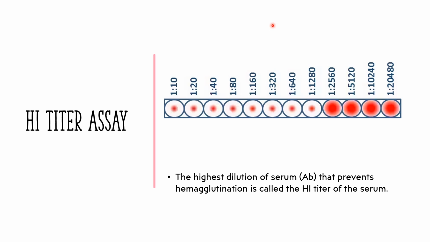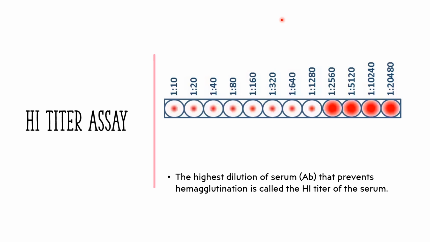Allow the plate to stand at room temperature for 60 minutes. This time varies according to specific requirements. Add red blood cells and incubate at 4 degrees centigrade for 30 minutes. Read the wells. This virus has a hemagglutination inhibition titer of 1280, which means that the greatest dilution of antibody that still blocked hemagglutination from occurring was at 1280 dilution.